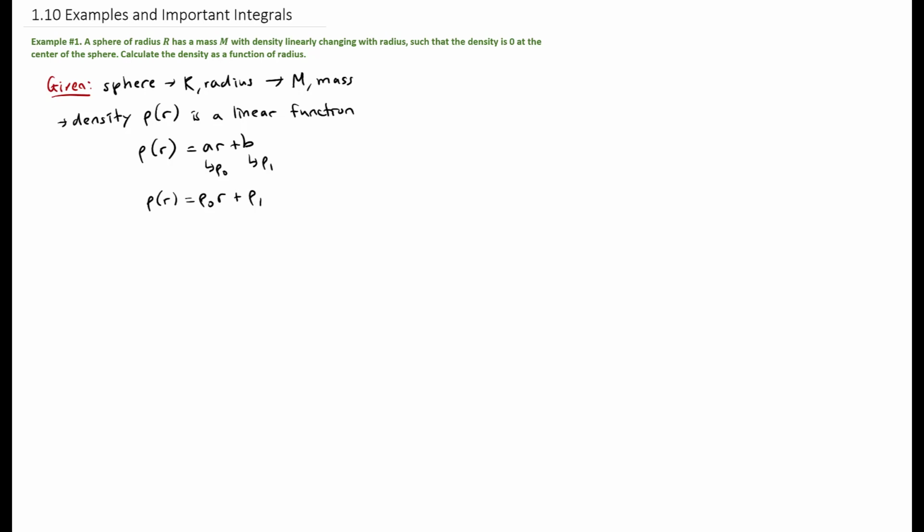The other thing that we're given is that at the center of the sphere, where r is equal to 0, the density is also equal to 0. So that means rho of 0 is equal to 0. Let's try and combine these two equations to figure out a simplified version for a density function.